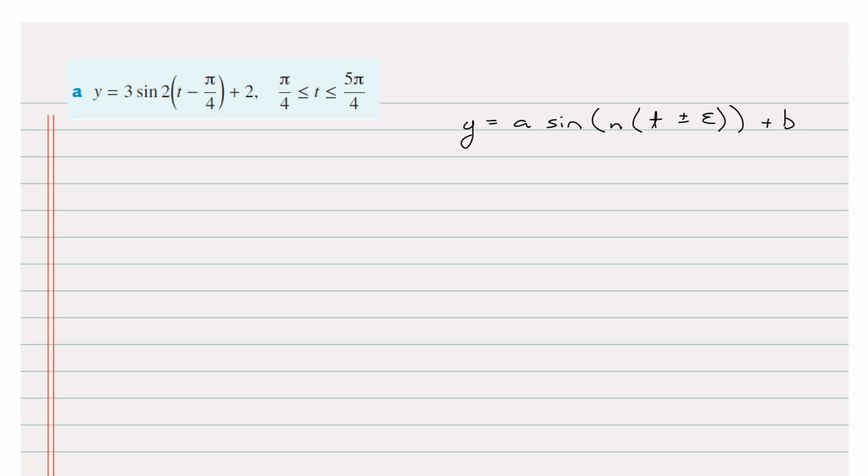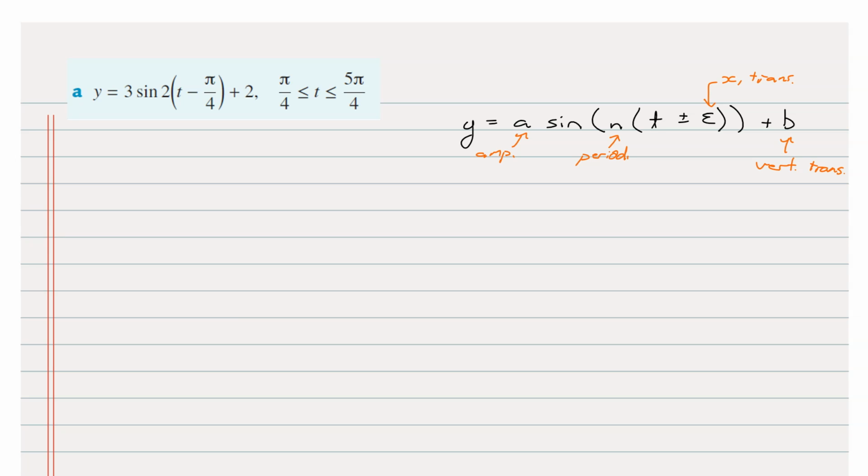Breaking down this particular form, we've got the amplitude dilation, a, the period dilation, n, the horizontal translation, or t translation, epsilon, and then the vertical translation, b.